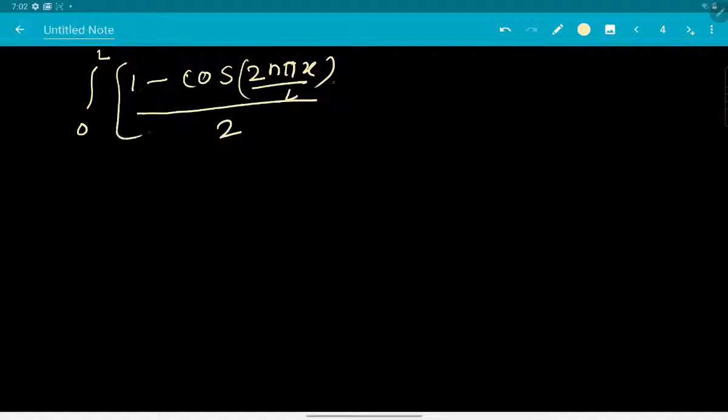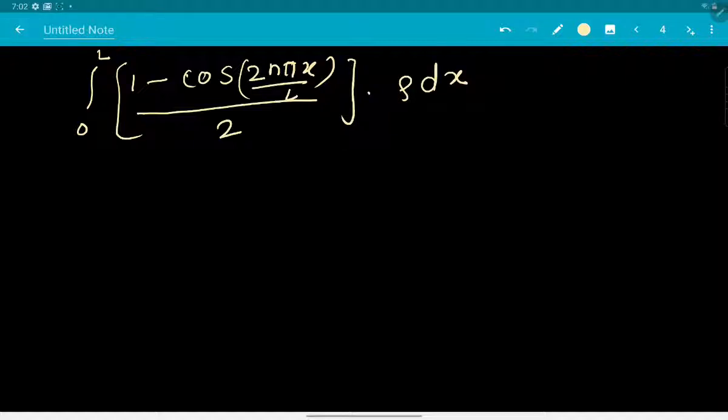If we do so, then we'll have to integrate the sine square term, sine square n pi x by L. So what we can do is change the sine square n pi x by L into 1 minus cosine of 2 n pi x by L, this entire stuff divided by 2, into rho dx.